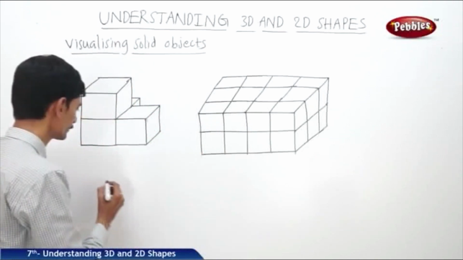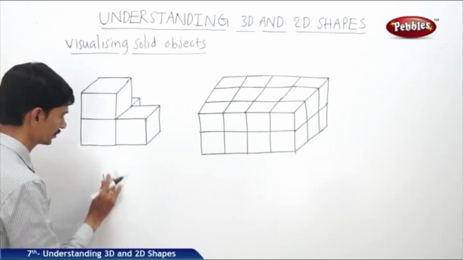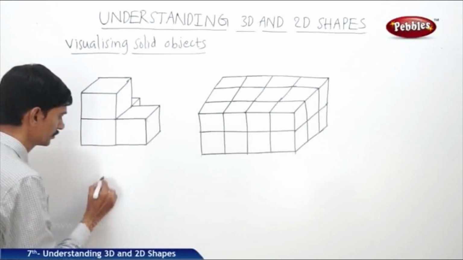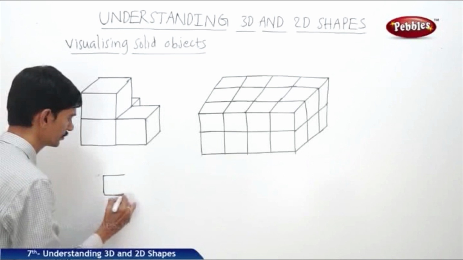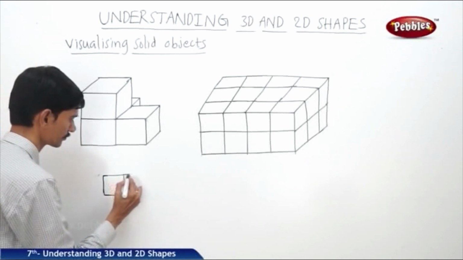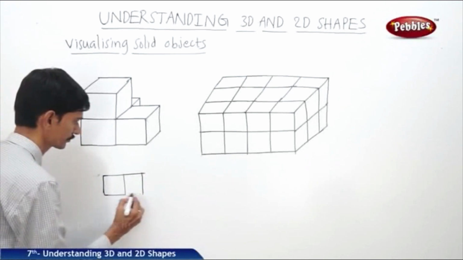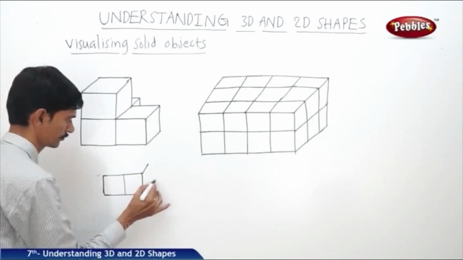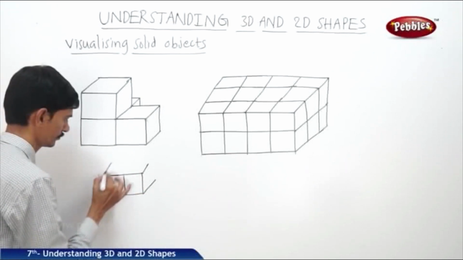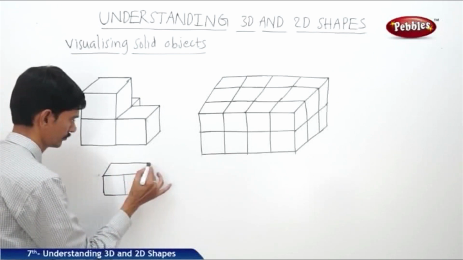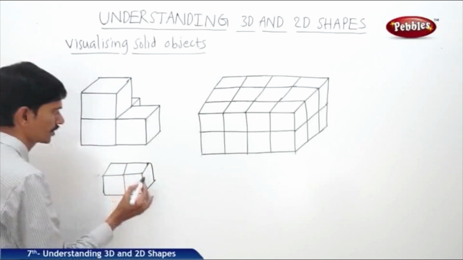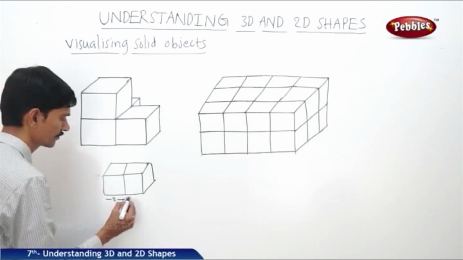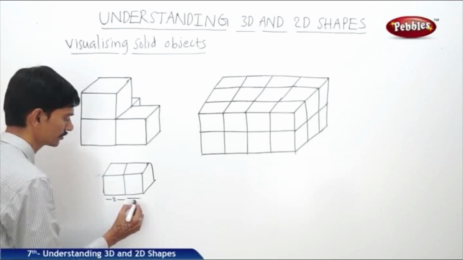For example, if you place 2 cubes of the same dimensions adjacent to each other, then you will get a cuboid. The side of this cube is 2 centimeters, the side of the second cube is also 2 centimeters.